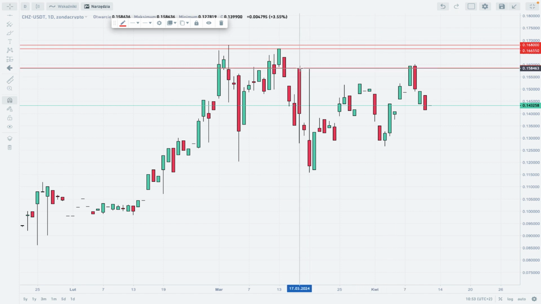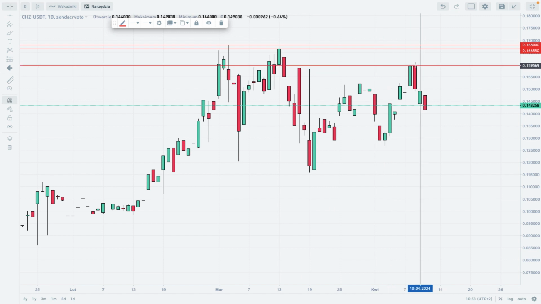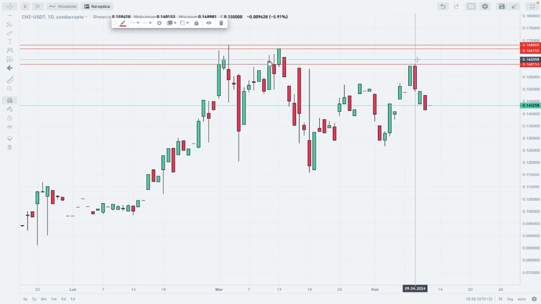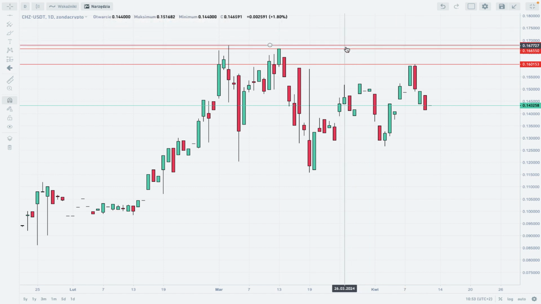The latest one, as you can see, was located somewhere around 0.1584. Actually it was done at 0.1601. So this is the major supply zone area, and this is the local technical resistance.